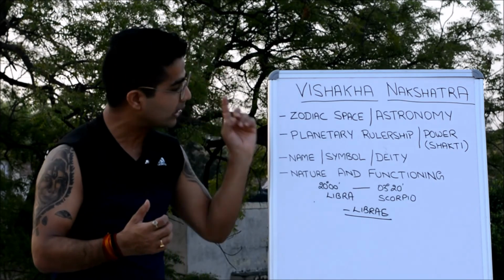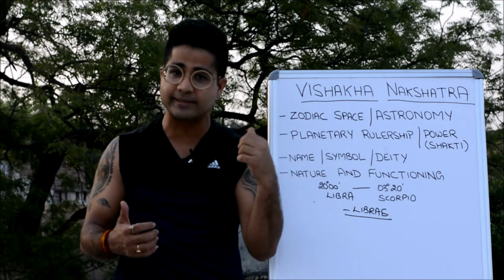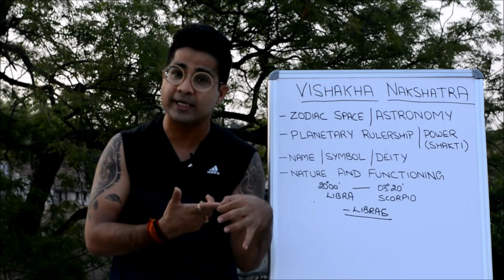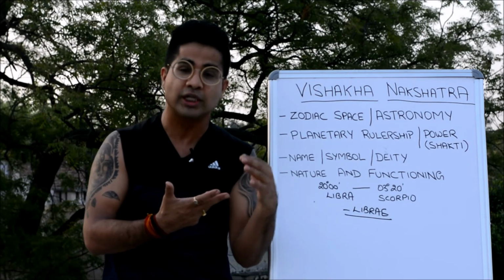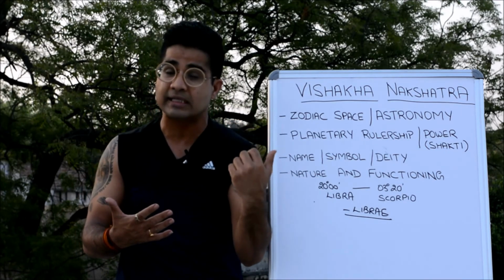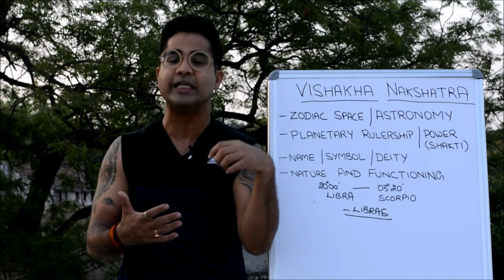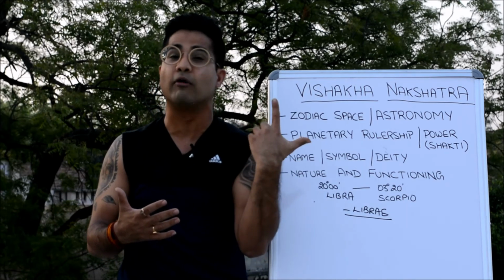So one way to look at it is that their nature and functioning can be summarized as single-mindedness, competitive spirit, and a goal-oriented approach. The shadow side is that many times they become very jealous and envious of the people around them, which leaves them bereft of any good friends or well-wishers.